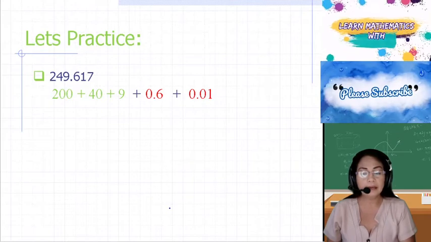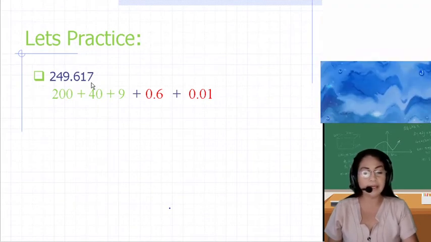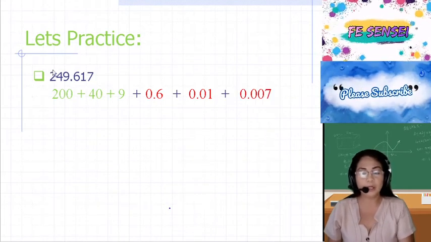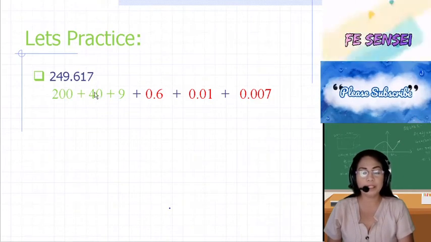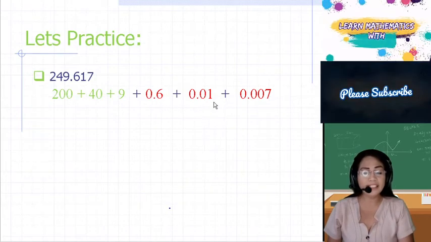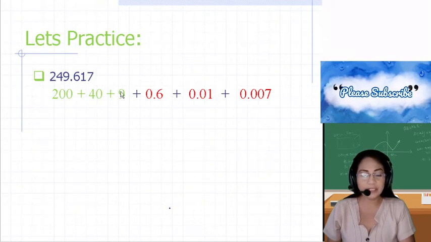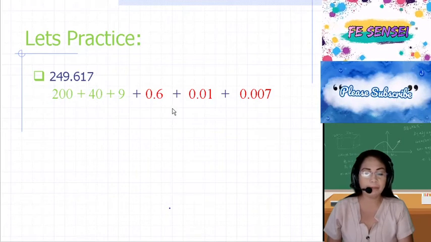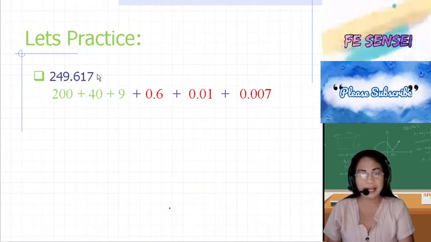And the last number is 7 thousandths. So in expanded form, this is 200 plus 40 plus 9 plus 6 tenths plus 1 hundredth plus 7 thousandths. This is the number in expanded form, and this number here is the number in standard form.